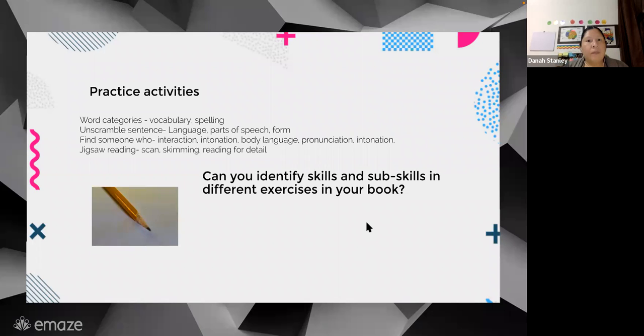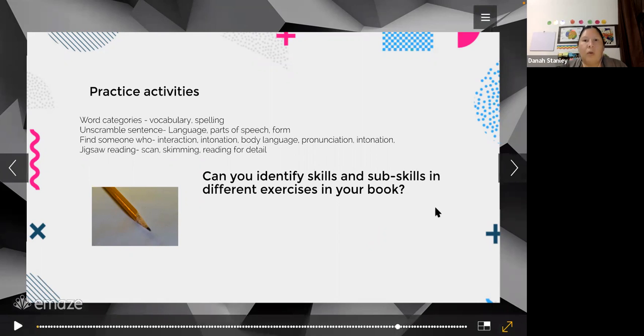Yes? And in this case, I decide if my students will continue practicing in a controlled or semi-controlled way, or if I can immediately go straight to the production, okay?